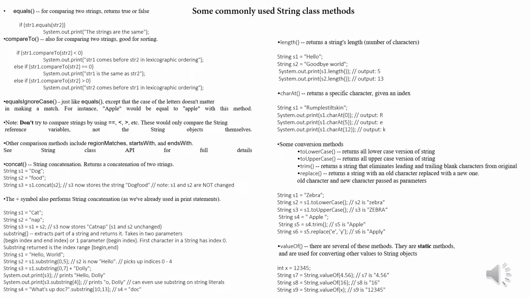Or for example, a string s8 be String.valueOf(16). 16 is an integer, right? But we are using valueOf 16. Now it's not an integer anymore. It's a string. So now s8 is a string with the value of 16.